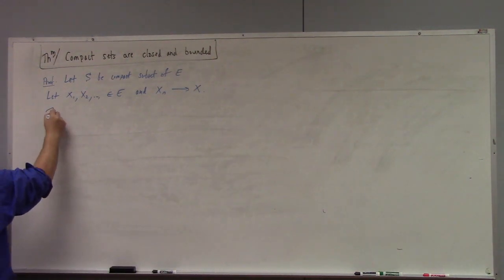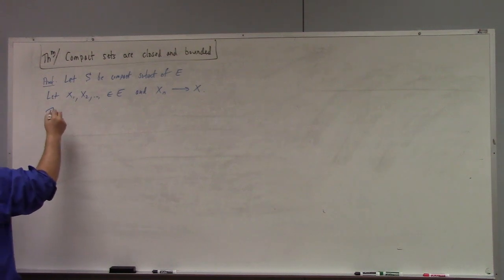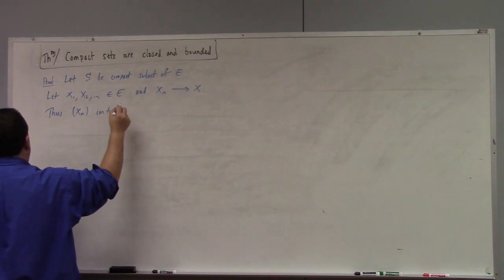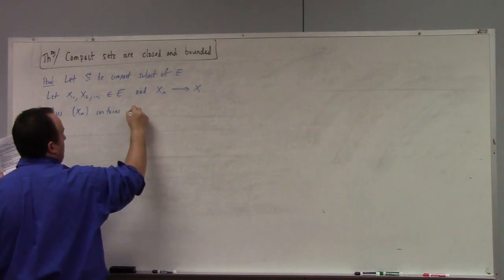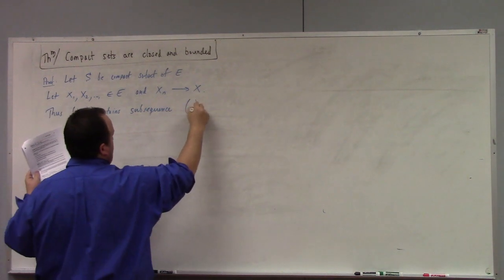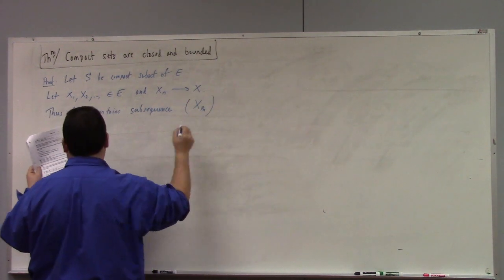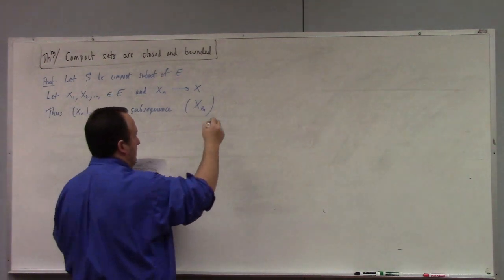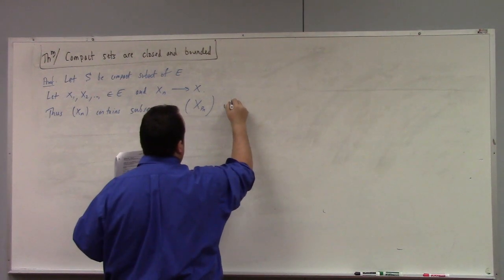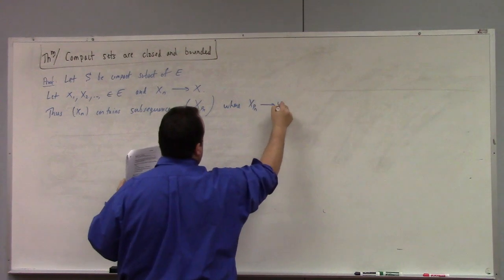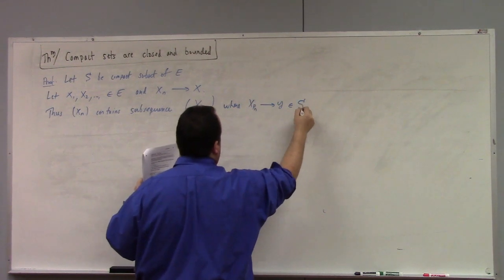Thus xn contains a subsequence, let's say x sub pn, which converges to some y in S.